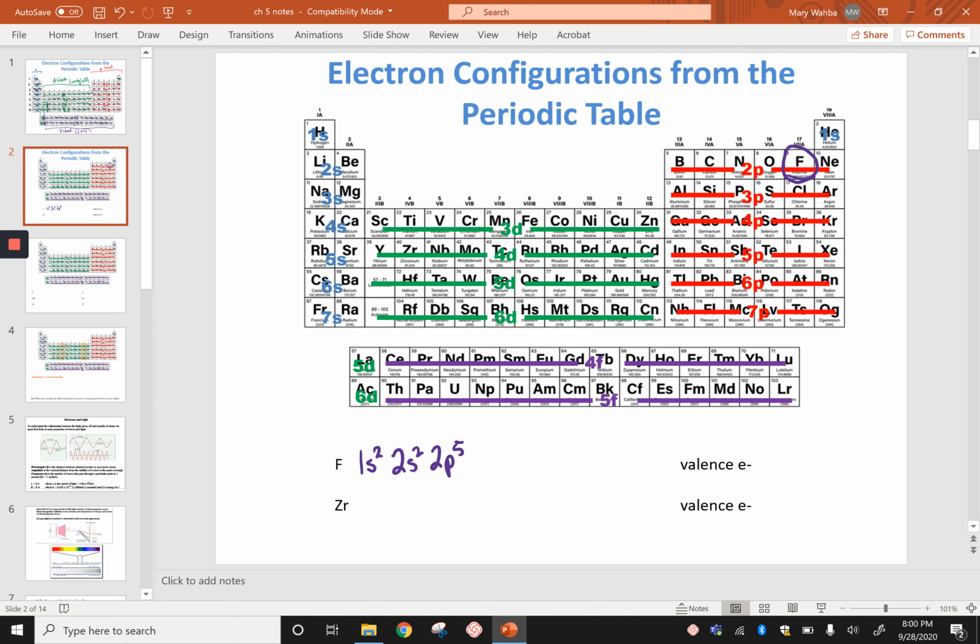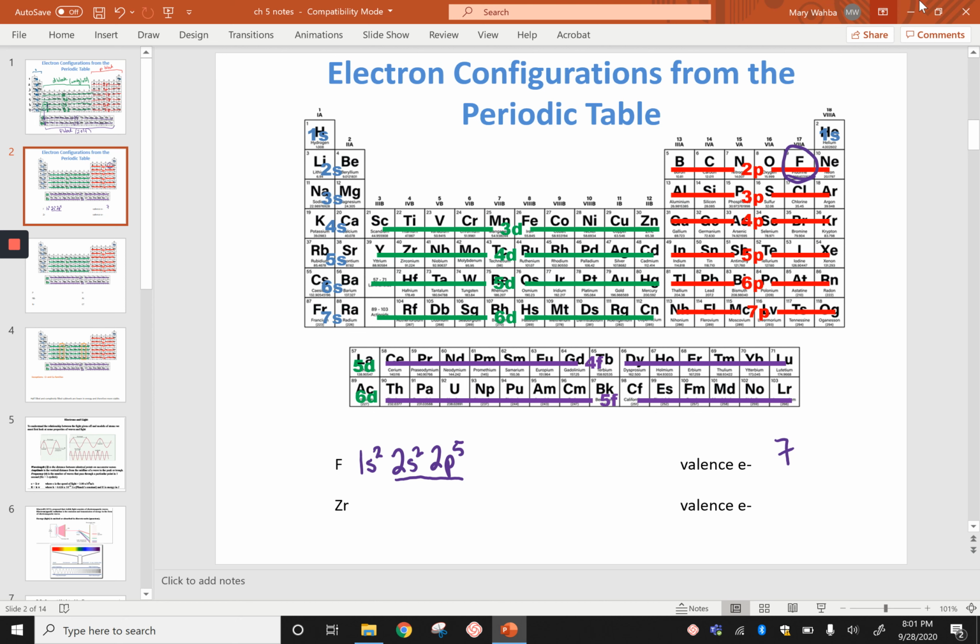So what's the highest energy level here? Energy level number 2. So we have 2 electrons in the 2s sublevel, 5 electrons in the 2p sublevel, for a total of 7 electrons in that second energy level. And so 7 valence electrons.